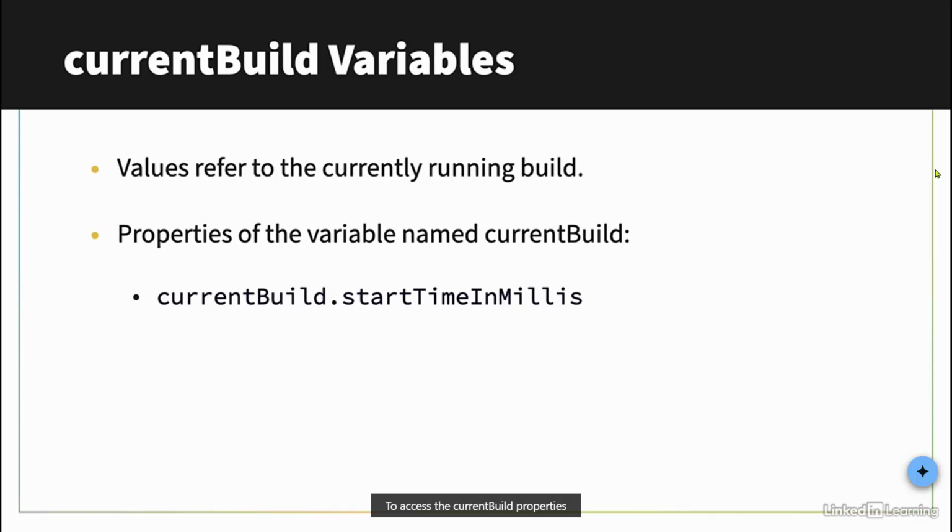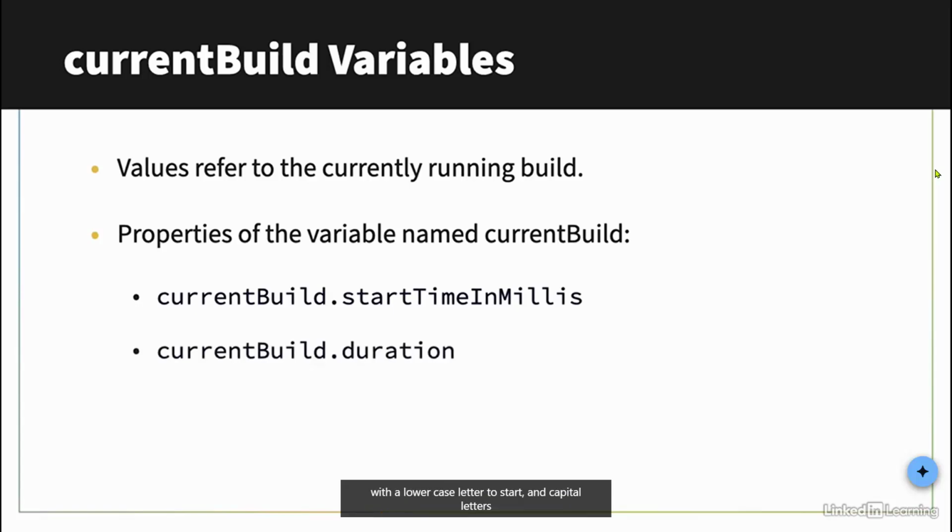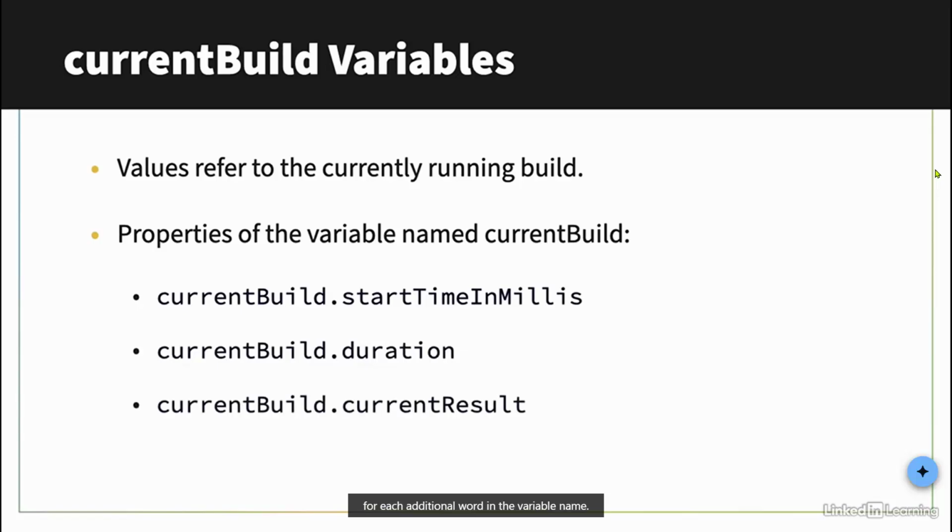To access the current build properties, the values are preceded by currentBuild, a dot, and then the name of the property. The properties are also case sensitive and follow the camel case format with a lowercase letter to start and capital letters for each additional word in the variable name. A few examples of current build variables are the start time, the duration of the build, and the current status of the build.